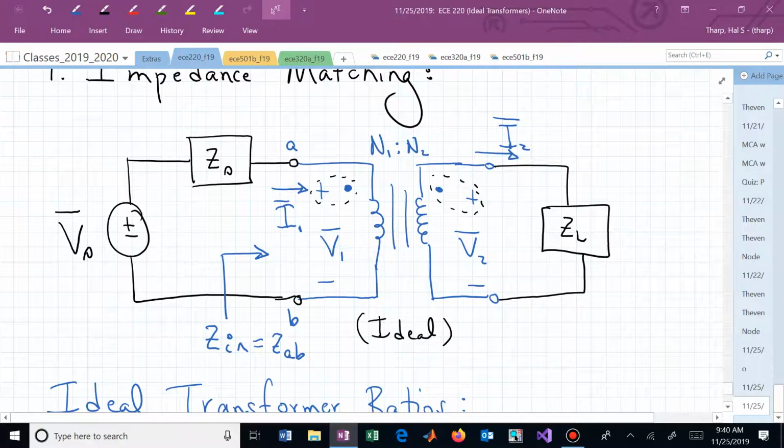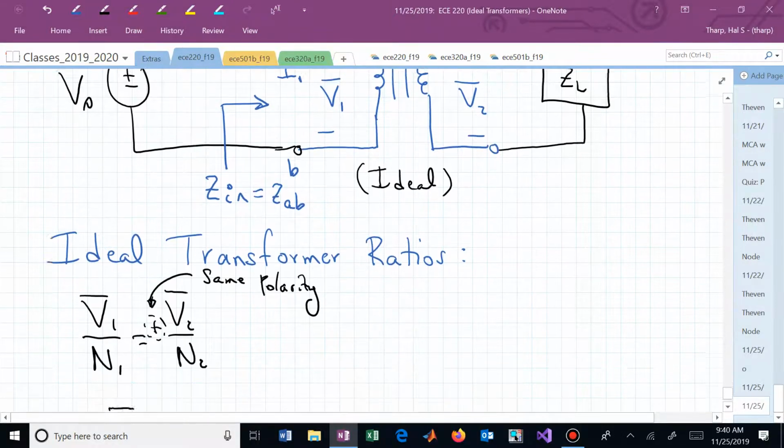Zn, or Z sub AB, is just going to be V1 phasor divided by I1 phasor. Those phasors' ratio will give me an impedance, and that's Zn. I now need to find V1 and I1, some relationship there with Z sub L and these turns ratios.